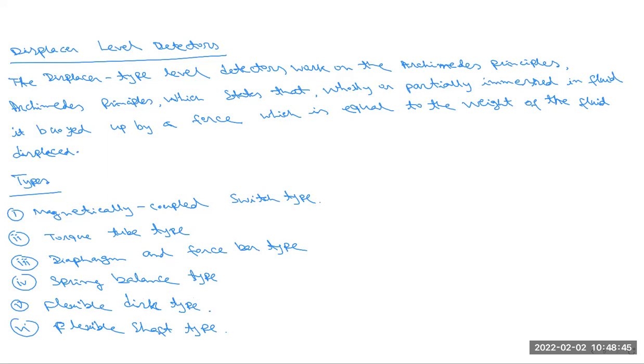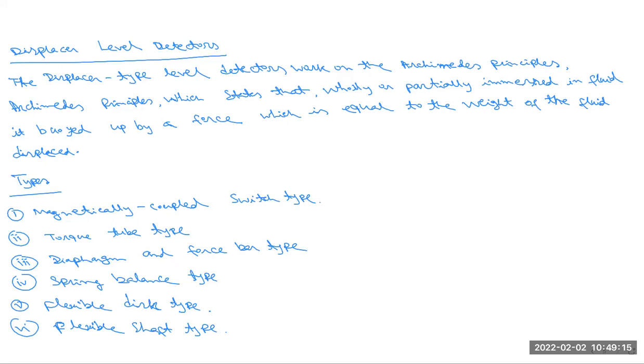You have to classify them into different categories based on the application area of the different displacer level detectors, and on the variation of the design and where the different hazardous areas are oriented. Number one, magnetically coupled switch type. Number two, torque tube type. Number three, diaphragm and force bar type. Number four, spring balance type.